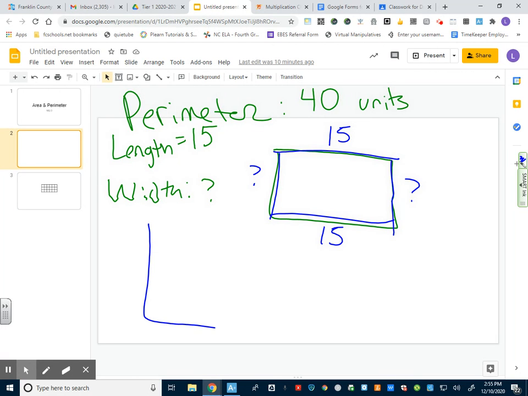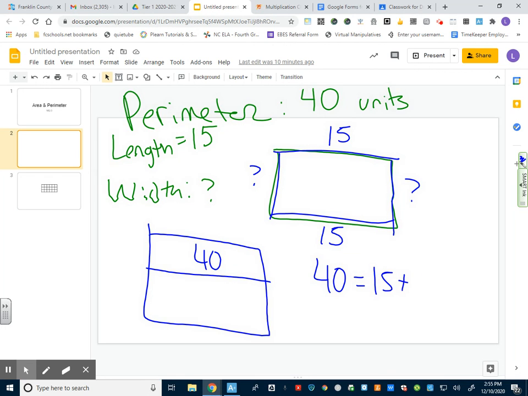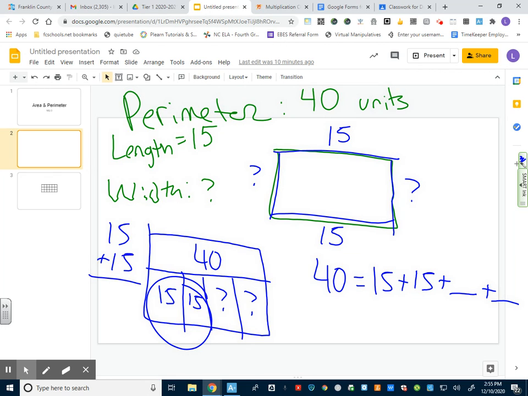Well, I think we should draw a part whole. Since our total of all four sides is 40, that is going to be our whole, because 40 is going to equal 15 plus blank plus blank. So we know 15 and 15, and we do not know the other two sides. So we can start by adding what we know, 15 and 15, and that's going to be 30.